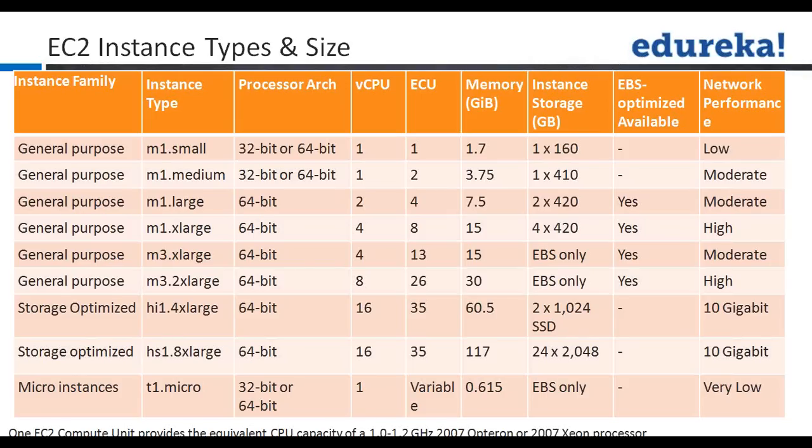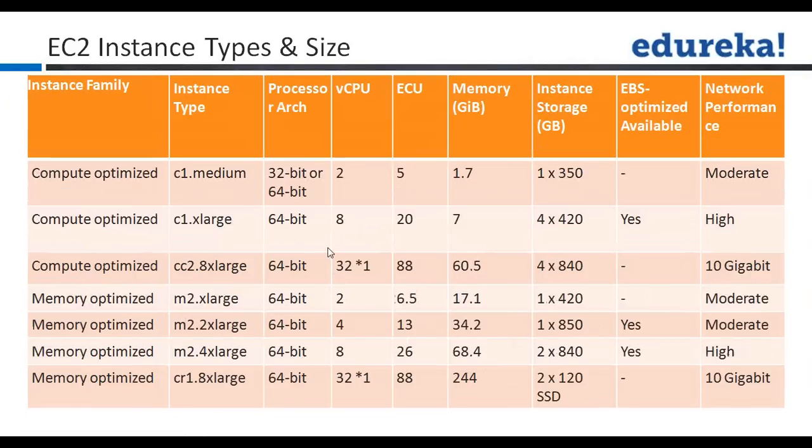Now if you say 13 ECU, in that instance it has a 13 CPU capacity of 1 gigahertz 2007 Opteron. If it says it has 35 elastic compute units, it means it has 35 CPU capacity of 1.2 gigahertz 2007 Opteron. Does it make sense now? Am I clear?